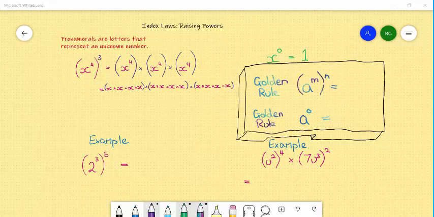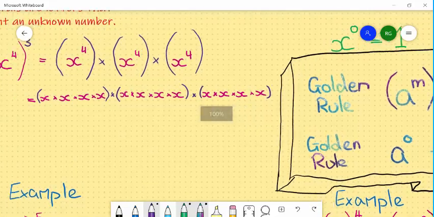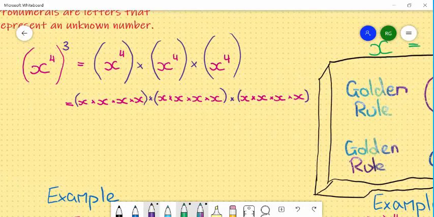So if we're really thinking about what this means, we have x to the power of 4 to the power of 3, which means, as moving to the right, we have x to the power of 4 multiplied by x to the power of 4 multiplied by x to the power of 4. Remember, that little 3 up here tells you how many times it's multiplied by itself.